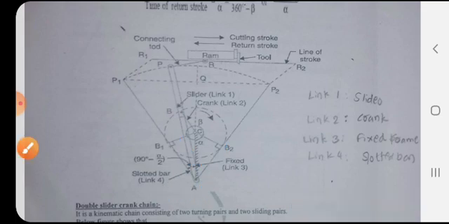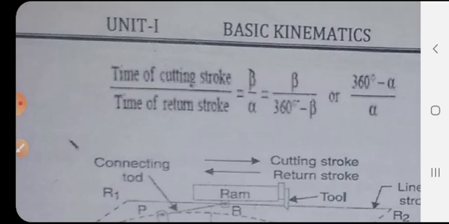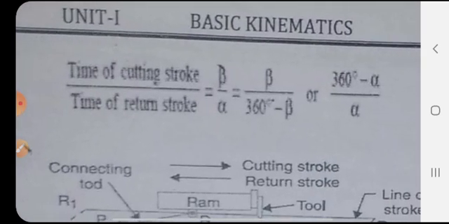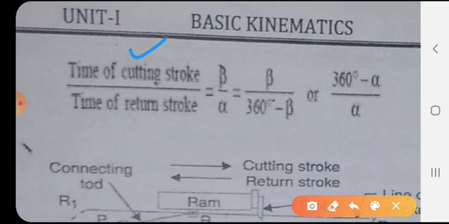You can observe the equation. The time of cutting stroke corresponds to beta, and the time of return stroke corresponds to alpha. The ratio can be written as beta divided by (360 degrees minus beta), or in terms of alpha, (360 degrees minus alpha) divided by alpha.